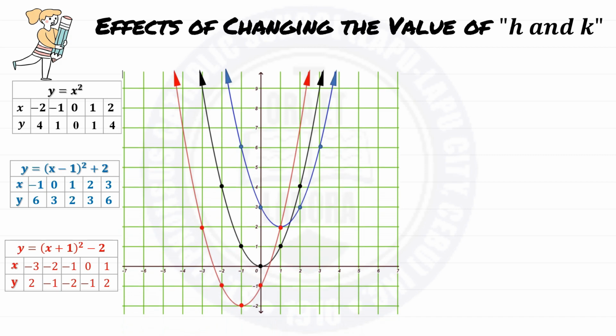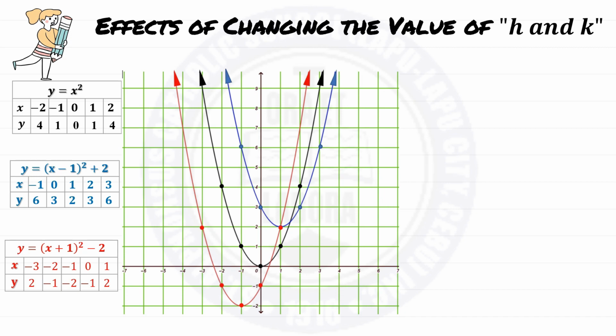Graphically speaking, the graph of y equals quantity x minus 1 squared plus 2 is the same as the graph of y equals x squared, except that it is shifted 1 unit to the right and 2 units above the x-axis. It has a vertex of (1, 2) and an axis of symmetry of x equals 1.